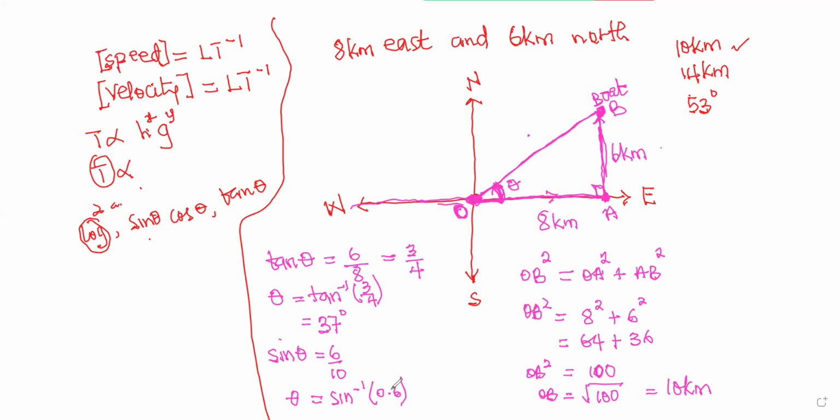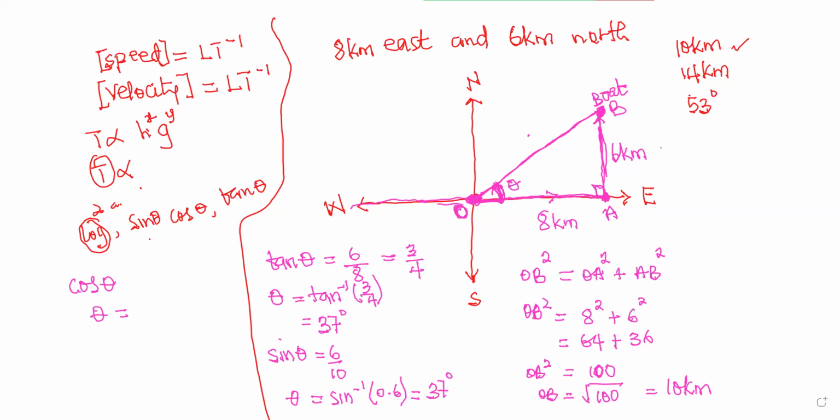What is the sine inverse of 0.6? 36.8, approximately 37. Correct. So all I am saying is that once we have all the sides, we can use any of these three ratios. Please use cos theta and tell me the value of the angle theta.